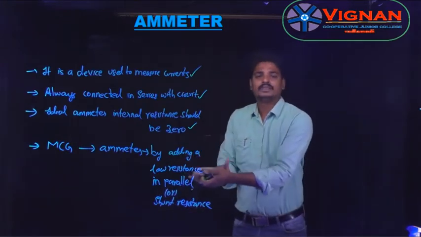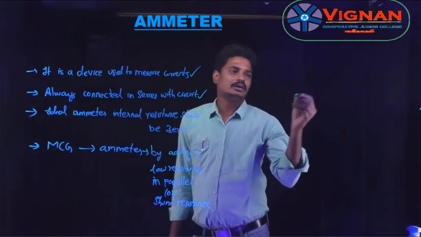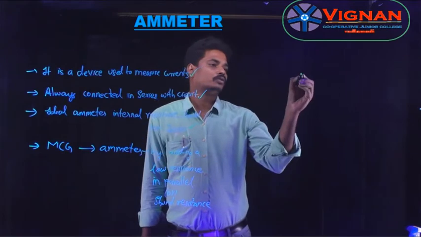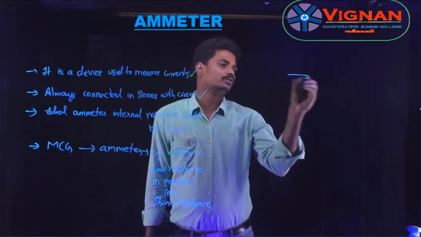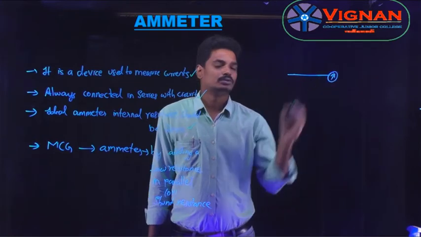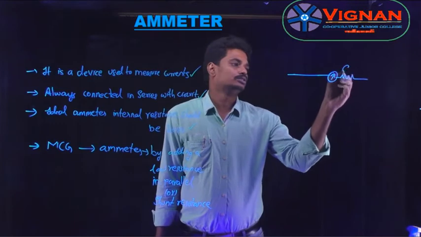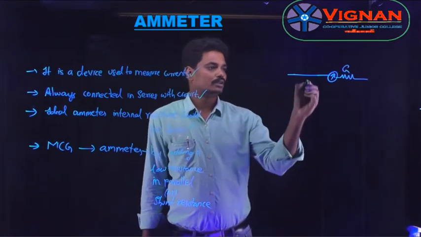As we discussed before, what is the principle of shunt? So the circuit diagram for the moving coil galvanometer which is converted to an ammeter is like this. So this is the galvanometer, and G is the internal resistance of the galvanometer.